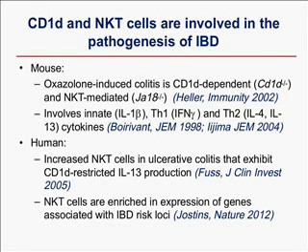There's also data from a number of laboratories that NKT cells are important in human disease. Warren Strober's group has shown that in humans with ulcerative colitis, there's an enrichment in NKT cells that secrete a lot of type 2 cytokines.